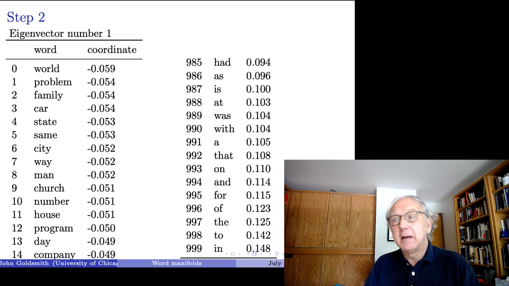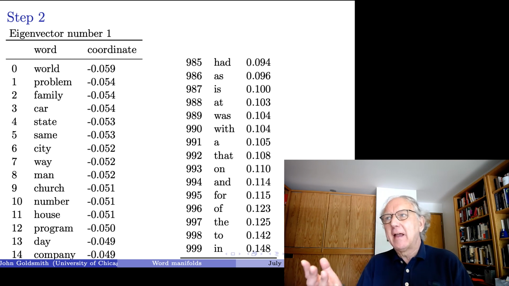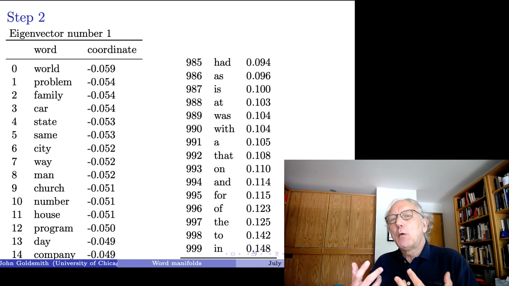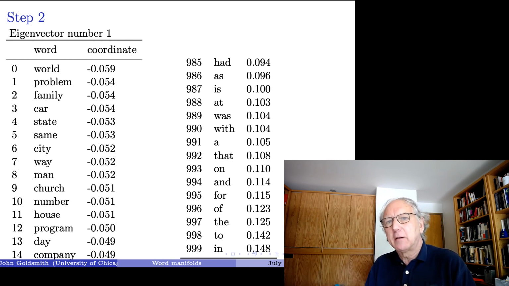Number 999 is in, and then going upwards from there: to, the, of, for, and, on, that, a, with, was, at, is, as, and had. These are what linguists would call grammatical words. They're not content words.